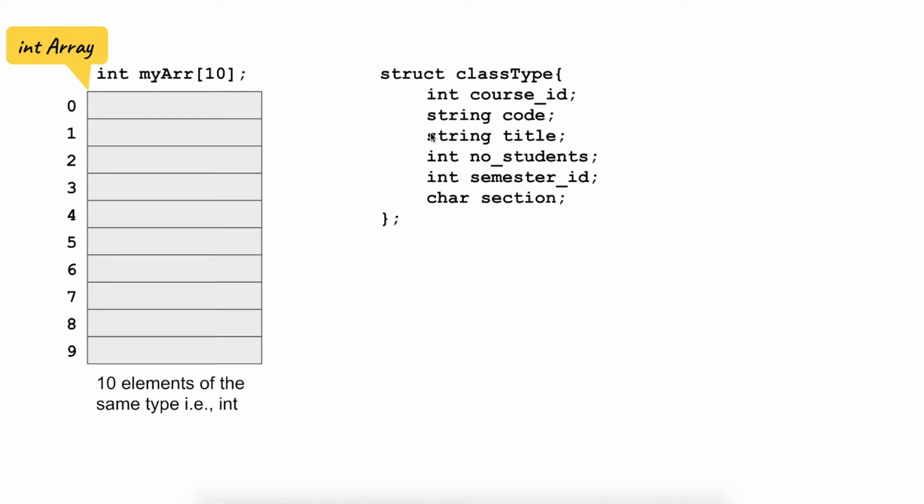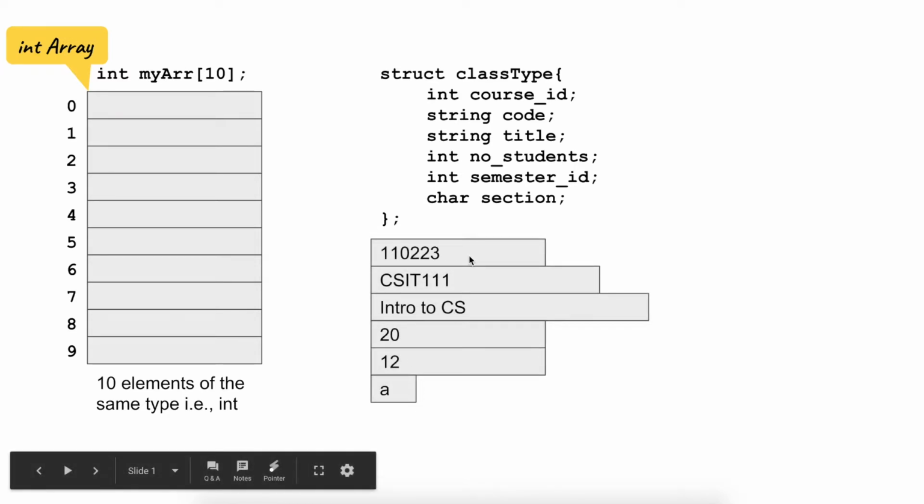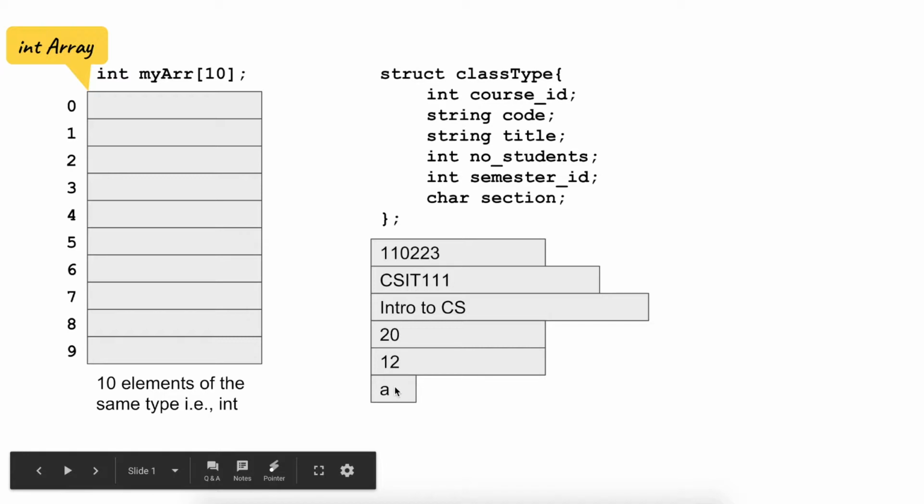When you do this, what you get in memory is a set of memory locations which represent the number of bytes required for each. So it's an integer, typically 4 bytes. A string depends on what you're storing in it, another string, and 2 integers right here, and finally a character.